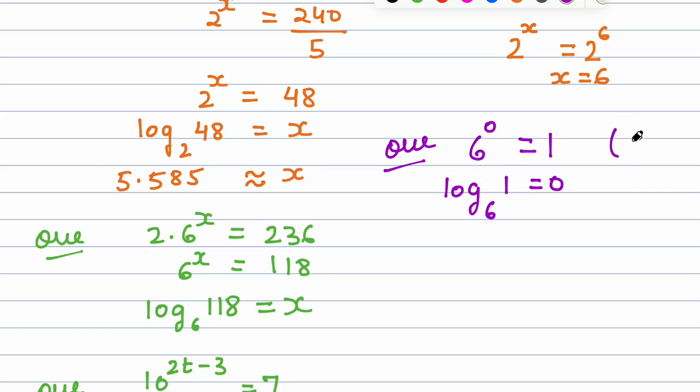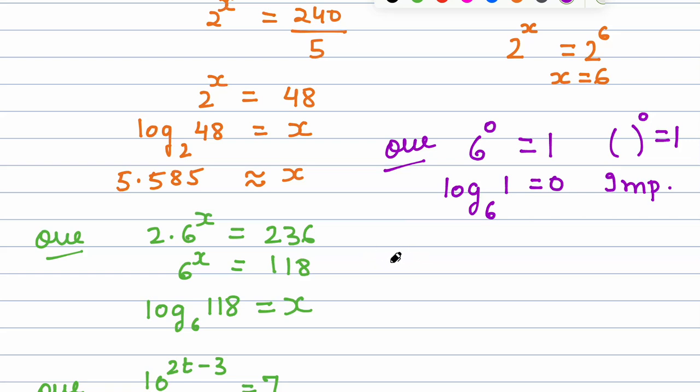Any number raised to power 0 is equal to 1 always, and this number comes as base. So whatever the base is, log of 1 is always equal to 0, because in exponents any number raised to power 0 is equal to 1 always.